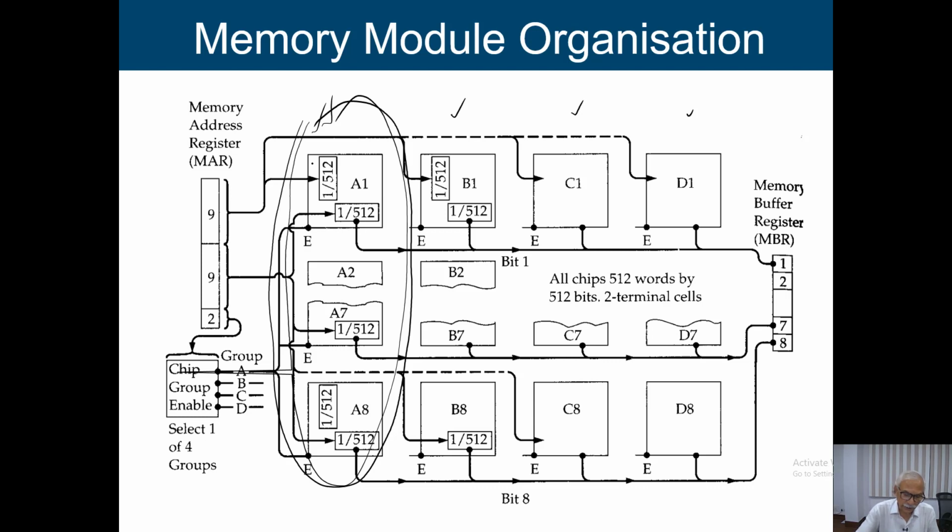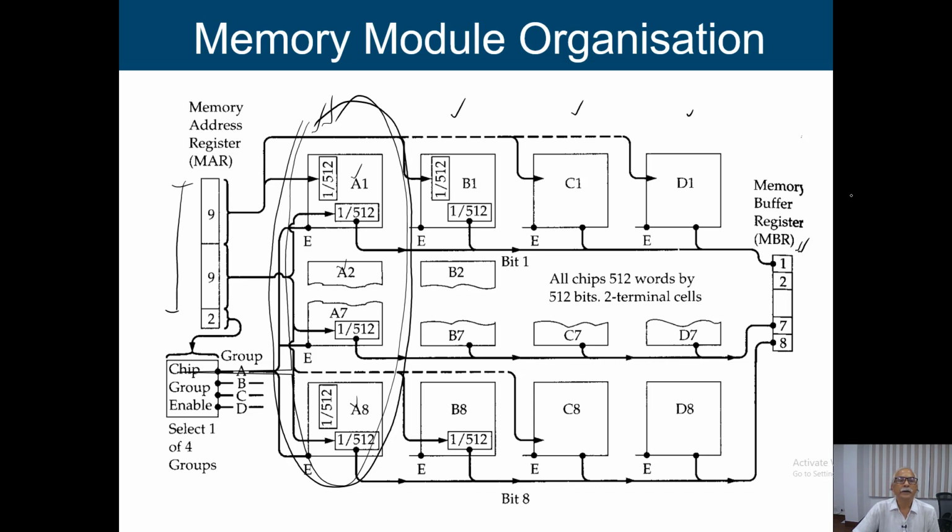To select any one memory location in those chips, we need 18 bits of information, because we have already seen in the last slide that the first 9 bits select a particular row, and the second 9 bits select a particular column. So 1 bit will be selected from all those 8 memory chips.